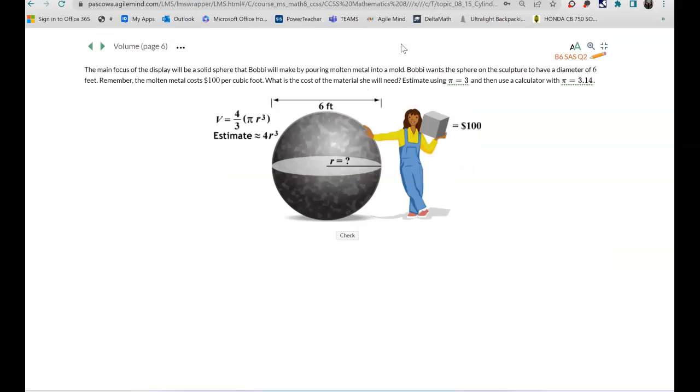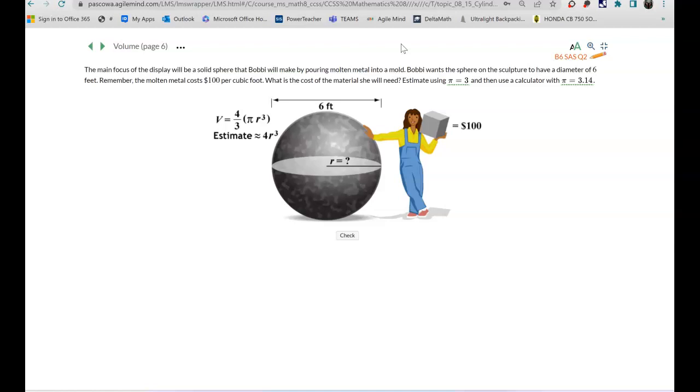Now the main focus of this display is that Faye, they're calling her Bobby here, but Faye is going to create a solid sphere that she'll make by pouring molten metal into a mold. And she wants the sphere on the sculpture to have a diameter of 6 feet.